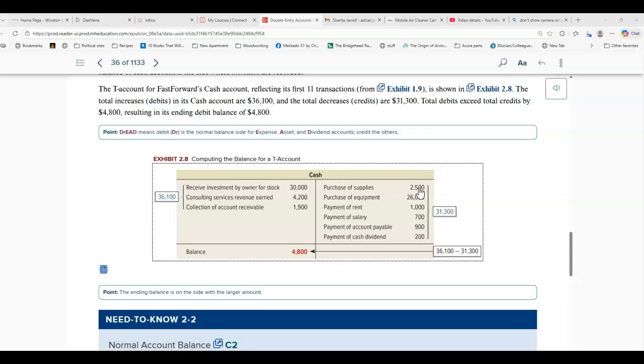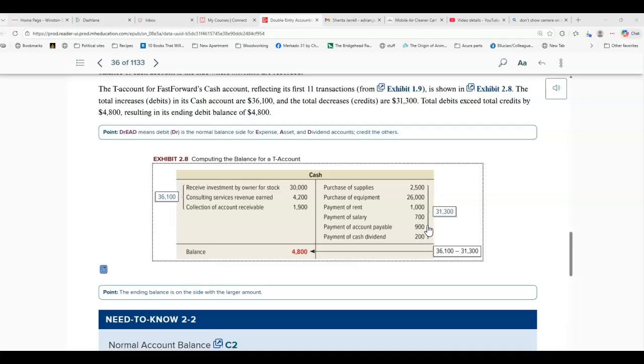We purchased supplies for cash. We purchased equipment for cash. We paid rent with cash. We received revenues from consulting, and then here we collected money that we had already recorded in accounts receivable. We paid salaries.